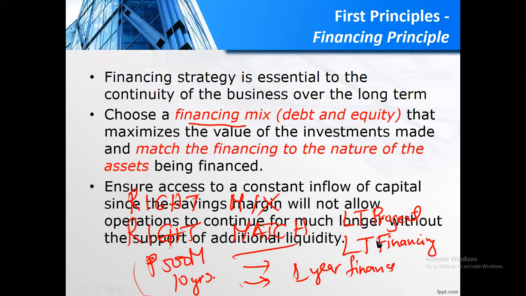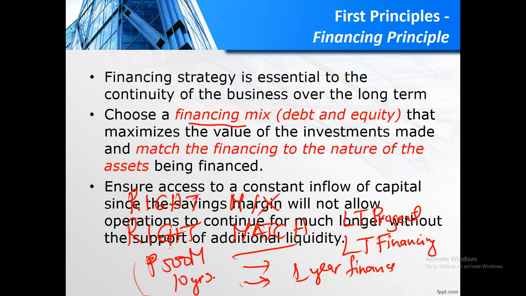Okay, then I think I mentioned this also before. It's important that finance makes sure that there's a constant inflow of capital. An operation, guys, is not sustainable if there's no support of additional liquidity. Case in point, whether it's OPEX or CAPEX. OPEX, for example, a firm needs to have a steady supply of financing or liquidity in order for it to generate more revenues through sales.